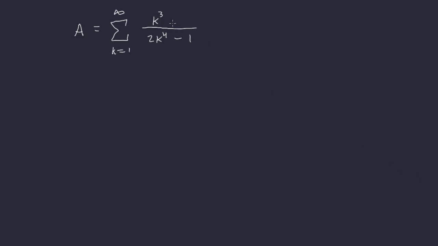So if I just take the powers, and let my bk's be that, the k cubed over k to the 4th, that's 1 over k. So we're going to compare this series to 1 over k. We're going to let b equal the series k going from 1 to infinity of 1 over k, which is a divergent p-series.